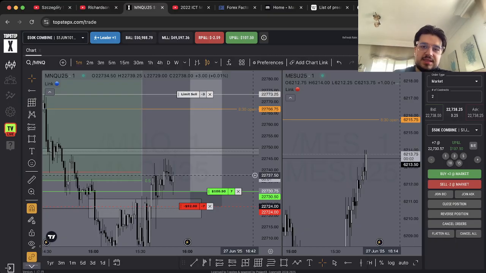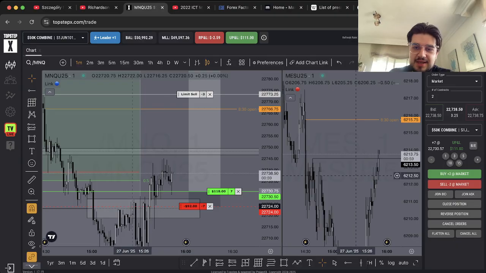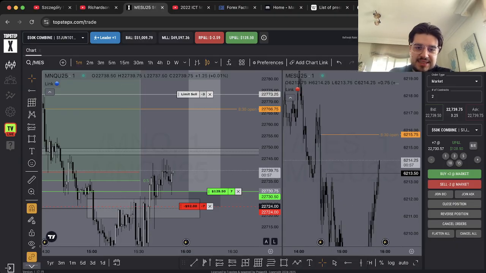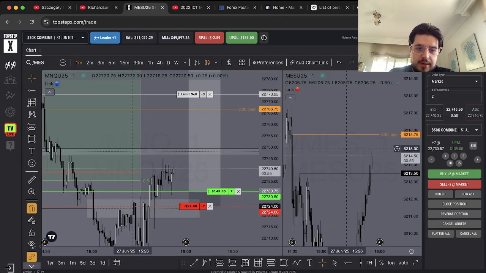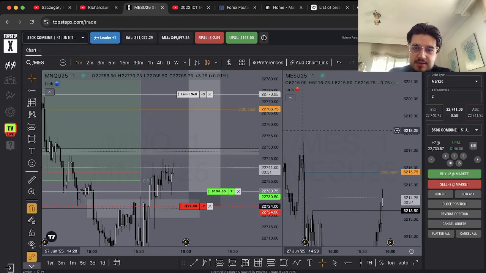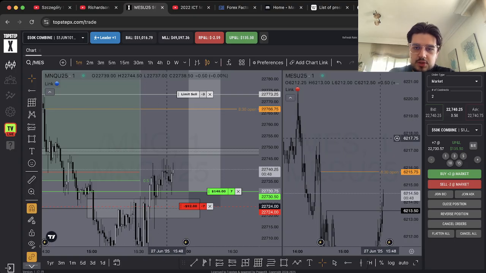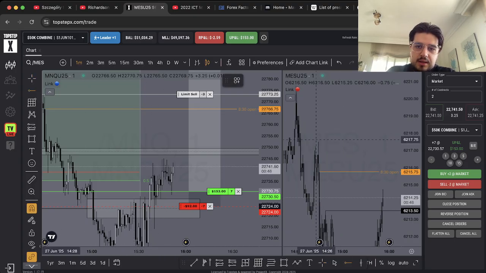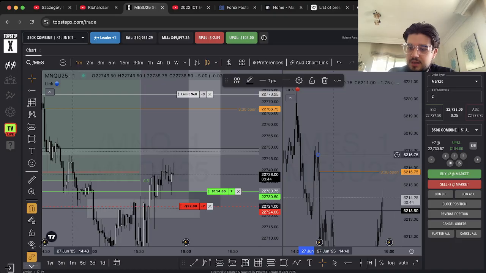Yeah, I'm not really liking that ES is again taking all the targets, and Nasdaq is pretty slow. But it is what it is. ES is ripping. When we take this high, I'm going to be closing half of the position, boys. Again, not big profits.